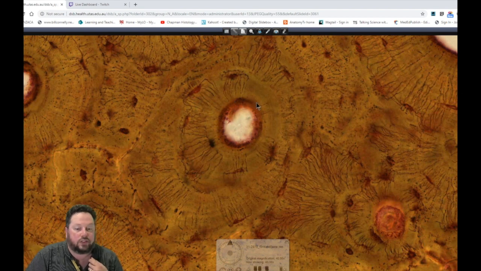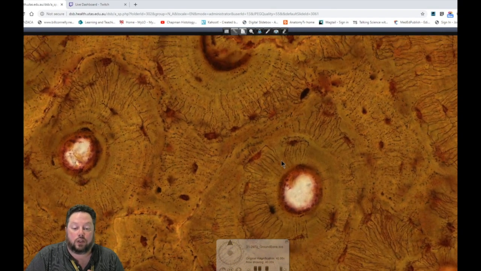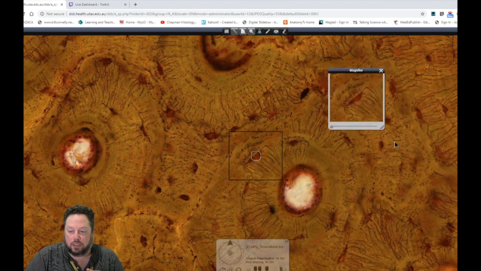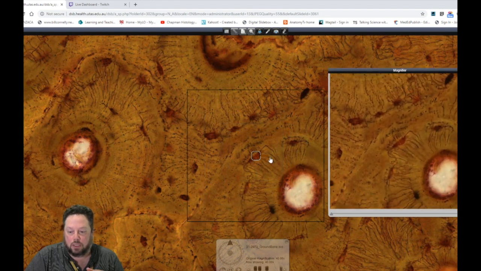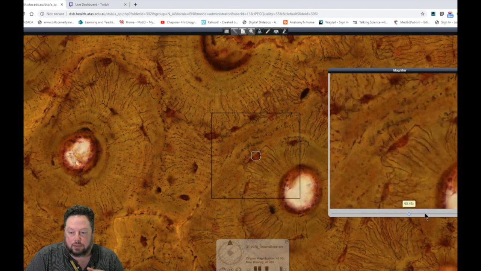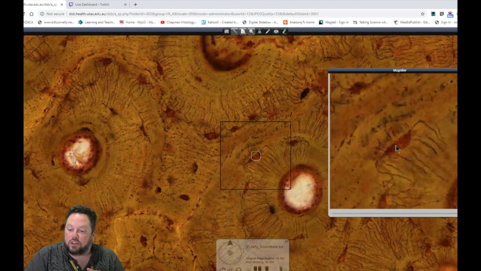Infiniteness Lives asks, where is the cell boundary? Well, this is actually dead tissue. So the lacuna, if we do a little bit of a zoom in here, we zoom that in. The cells actually die during processing for this type of microscopy.